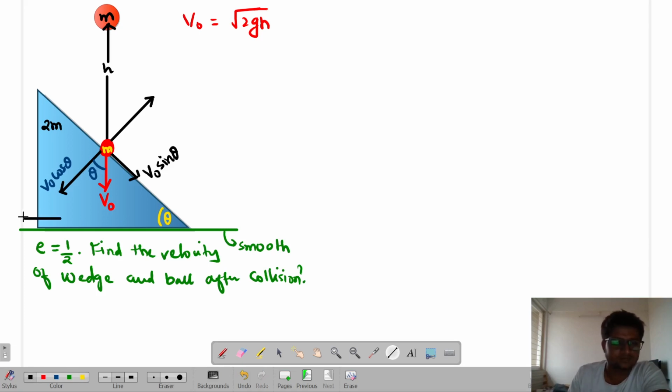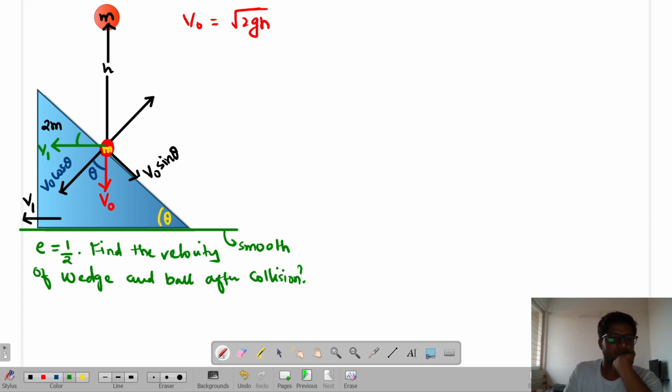Left side with some velocity V1, isn't it? So let's suppose along the line of impact, if I want to resolve it, it wants to go with velocity V1.